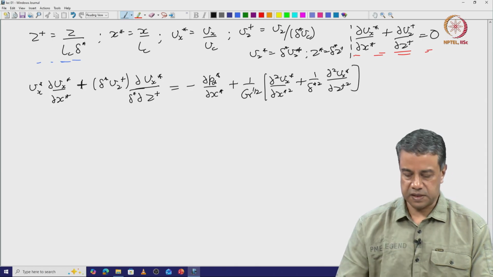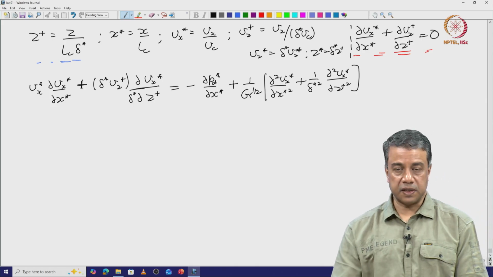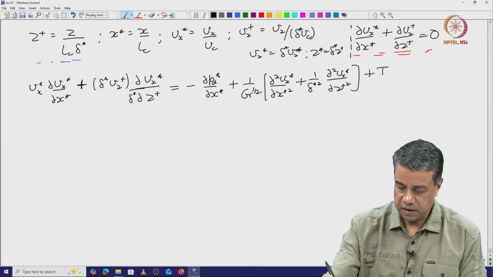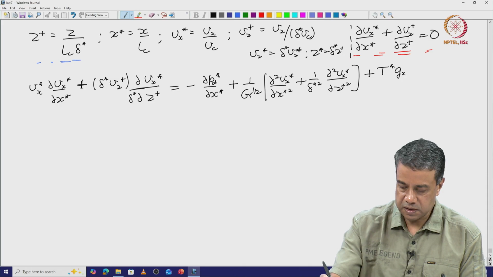Note that z star is delta into z plus. And then I have T star Gx star.